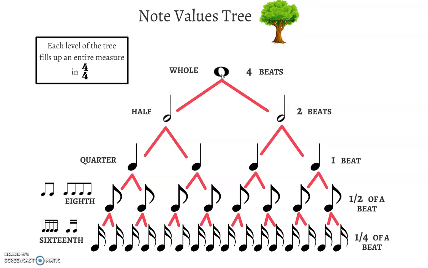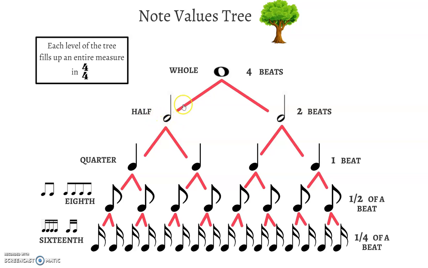People often confuse the name and the number of beats that a note gets. For example, a half note. A half note does not get half a beat. Oftentimes that's the mistake that I will see. A half note gets 2 beats.